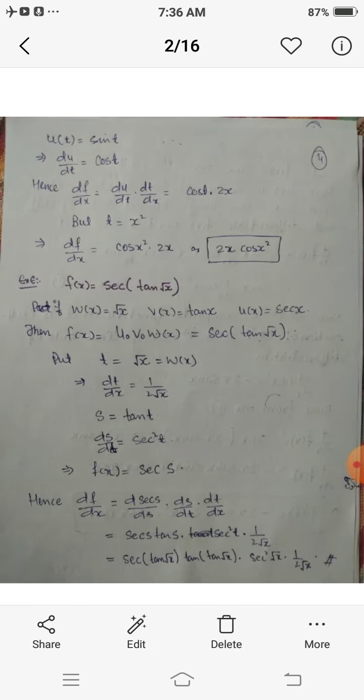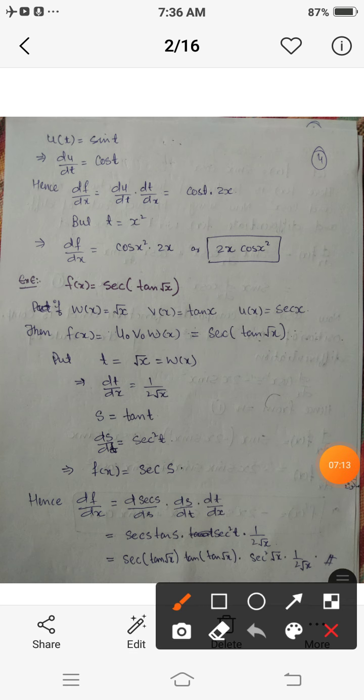Now u of t is sin t. This means that du by dt is cos t. You know that the differentiation of two functions which are connected through composition is df by dx equals du by dt into dt by dx, which is simply du by dt is cos t, and dt by dx is 2x.